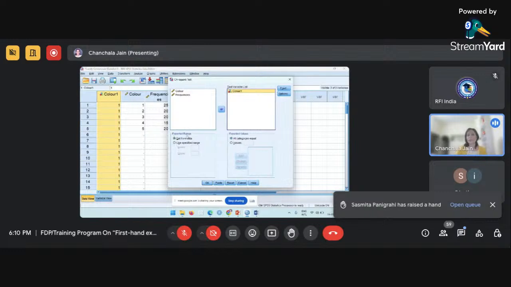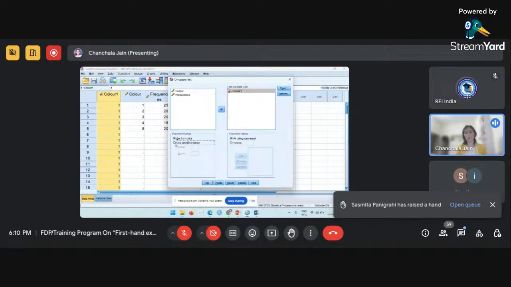Expected range is saying get from data, or use specified range. So for calculating the expected frequency, if you are interested to give any range, suppose I'm giving 15 to 20, that means I'm giving a message to SPSS that my frequency count should be between 15 to 20. Clear? So that way I can use the second option.